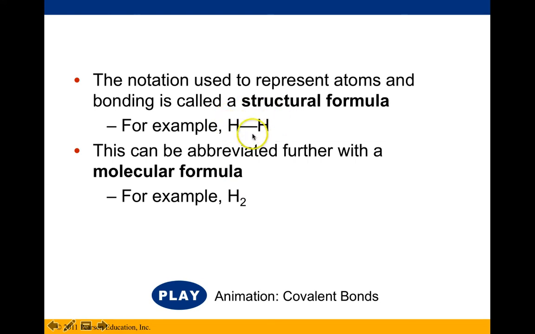So this is the structural formula, which is representing the elements and the pairs of electrons that they are sharing with each other. Whereas H2 is a molecular formula, which is telling us how many hydrogen atoms are there in this molecule.